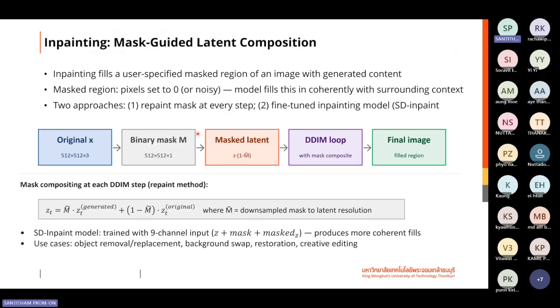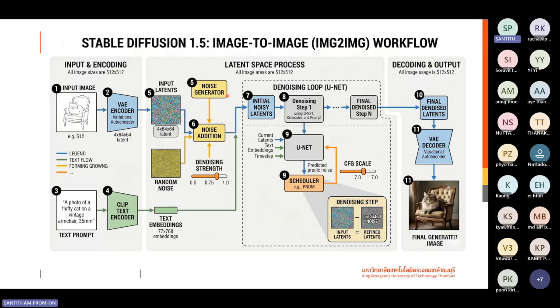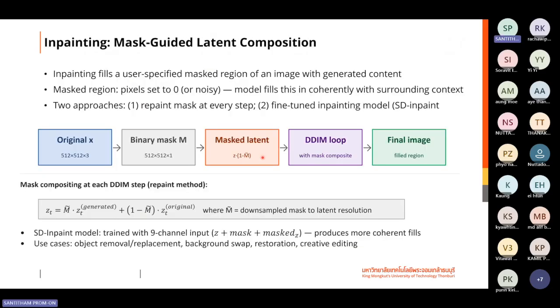Right. For inpainting, okay, so that's how it's done with the same latent model. You don't need to train a new model. Use the same one here. Okay. For inpainting, it's done through mask-guided latent composition.